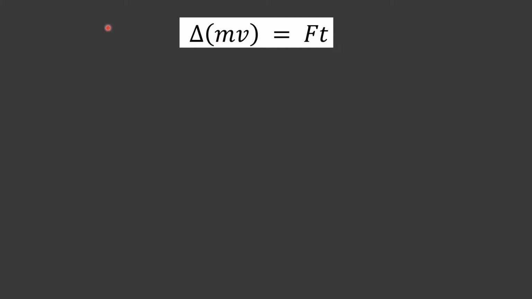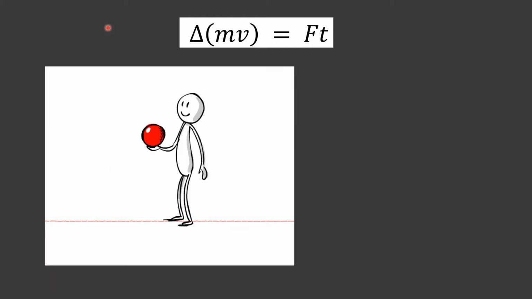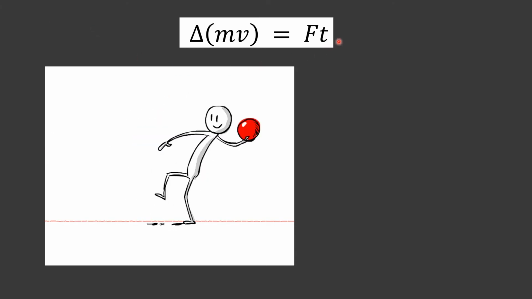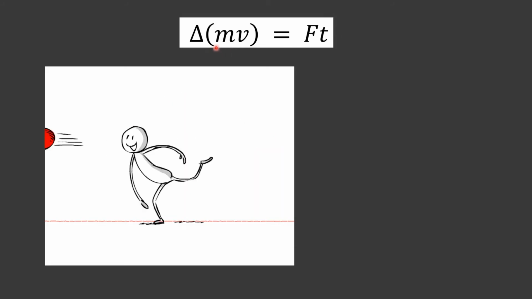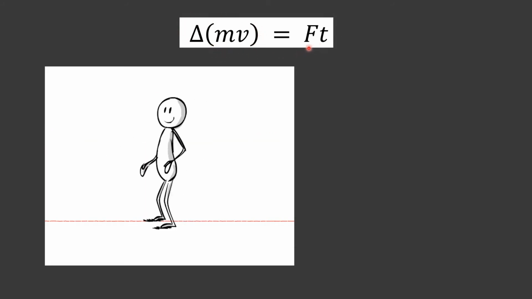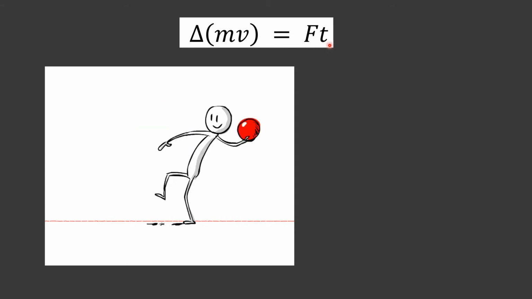Okay, so again, I want to go over why we care. Why is this useful? Here's our throwing the ball example again. From this relationship, what we can say is that to get the largest change in momentum, we need a large force, or we simply need a force that's applied over a longer time period.